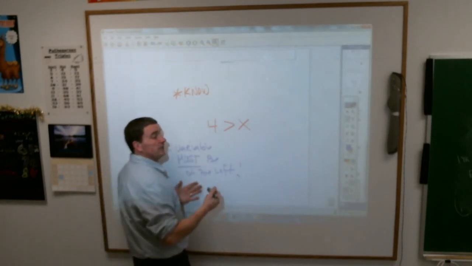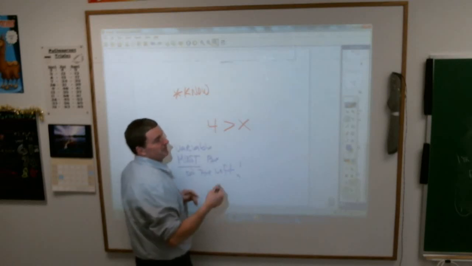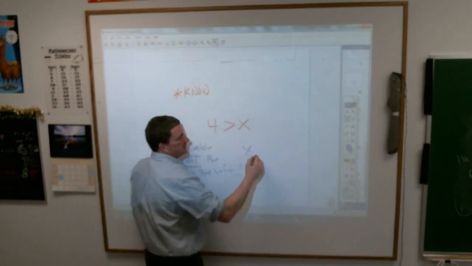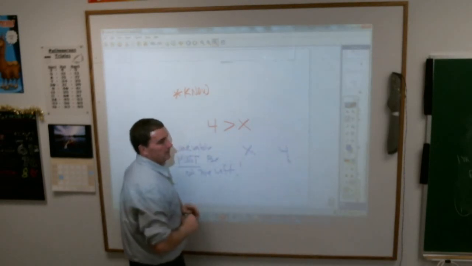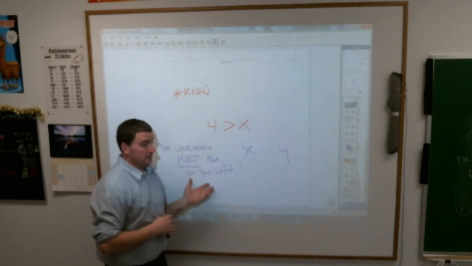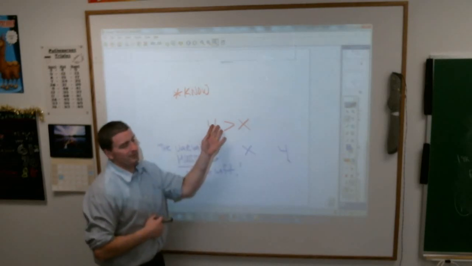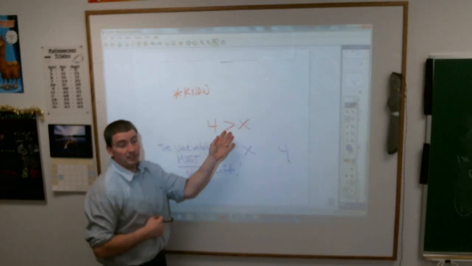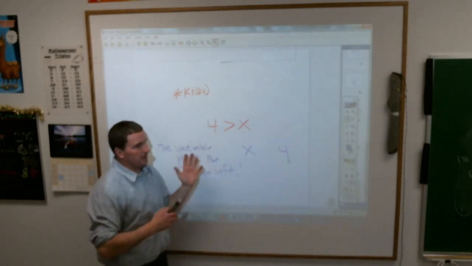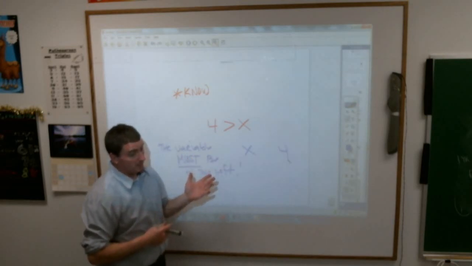In normal equations with equal signs, you can flip-flop, it doesn't matter. With inequalities, it does matter. I can flip-flop the x and the 4, but if I do, the sign has to get flip-flopped as well. Remember back in grade school, they always said the alligator is eating the bigger thing? It doesn't matter what side the number's on, the alligator is still going to eat the bigger thing.